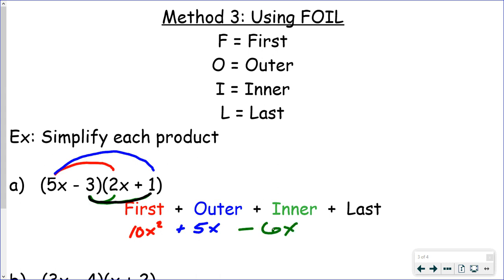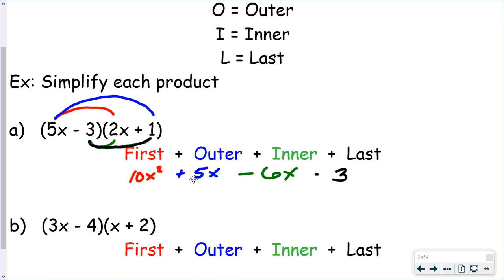And then the last terms, negative 3 times 1, remember this minus sign belongs to the 3, would be negative 3. And then we just combine the like terms together, just like we've been doing. So I have 10x squared, 5x minus 6x is negative 1x, and I don't need to write the 1 there, and then minus 3.